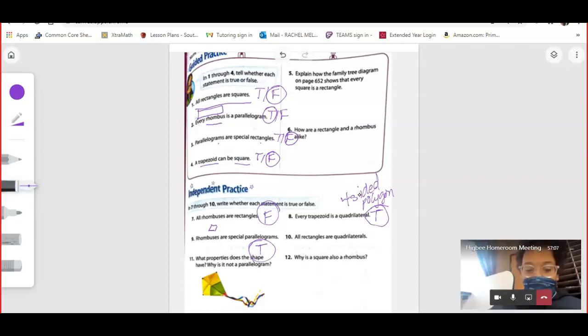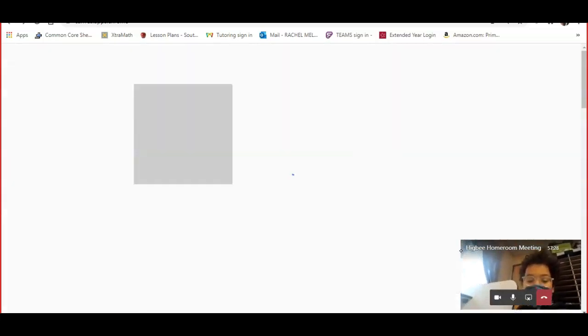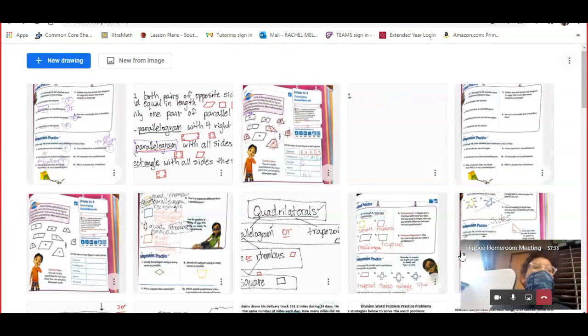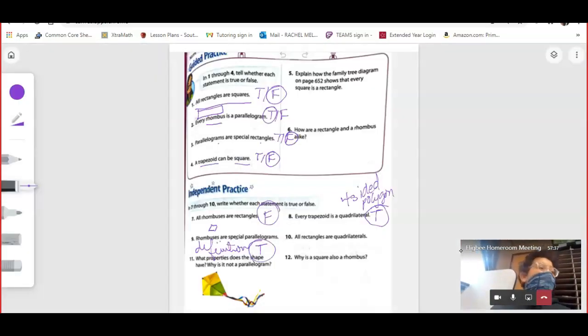It's true because both pairs of opposite sides are parallel and equal length. Okay, so he's telling us the definition. Exactly. If we look at the definition for a rhombus, it says it's a parallelogram. So the definition literally says this is true.